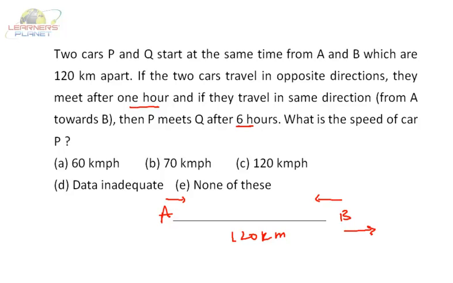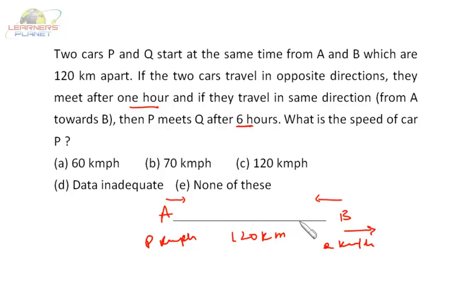Okay. Friends, very interesting question. Now just see it carefully. When they are approaching towards each other, they are meeting in 1 hour. Now let's assume the speed of car P is p km per hour, and the speed of car Q is q km per hour.